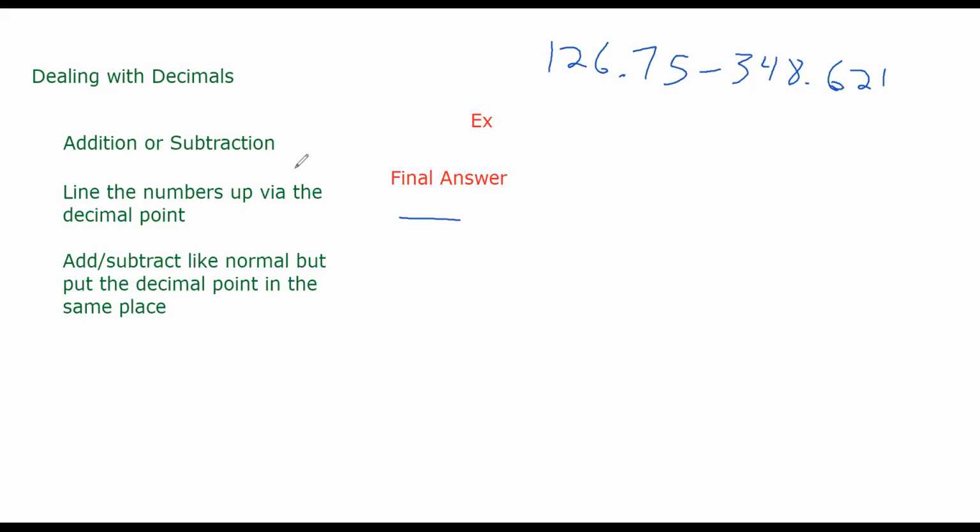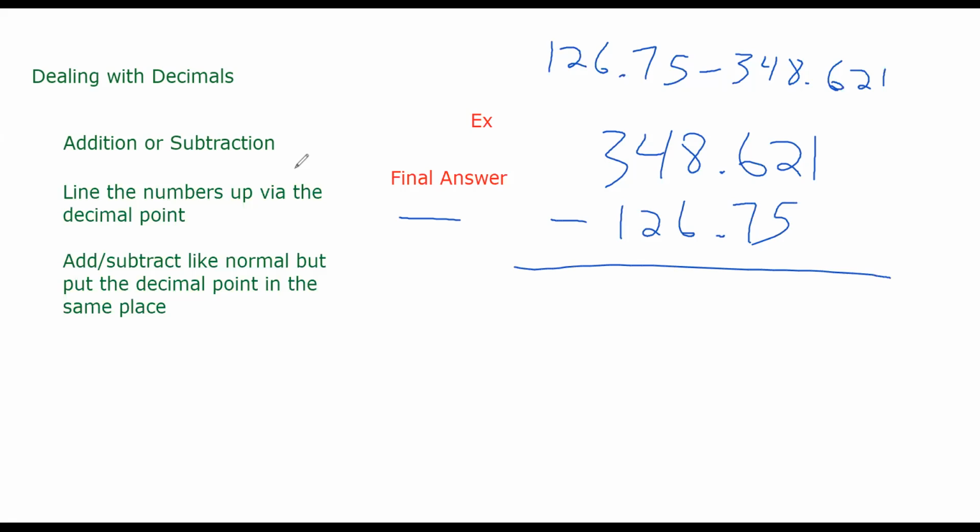So what we're actually going to be doing is 348.621 and subtracting from it 126.75. That's not what is really going on. We're going to assume that for now, and then we're just going to have to remember the final answer is going to be the negative of whatever we get here.